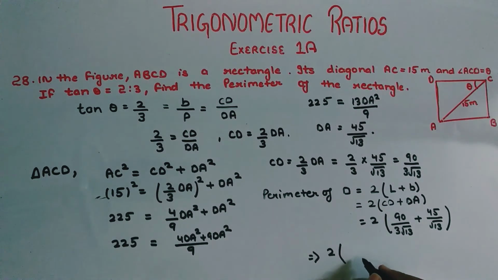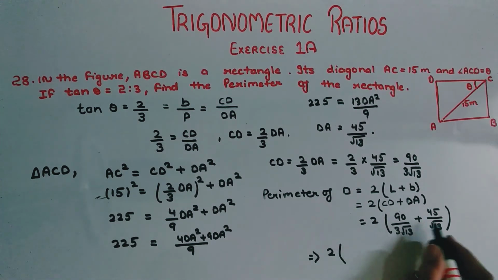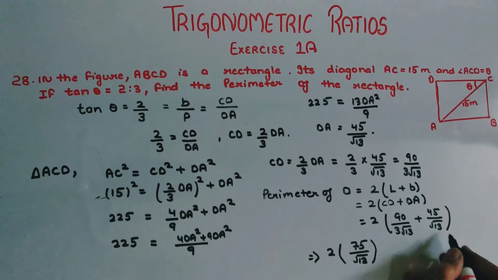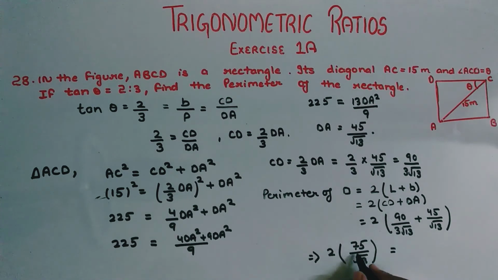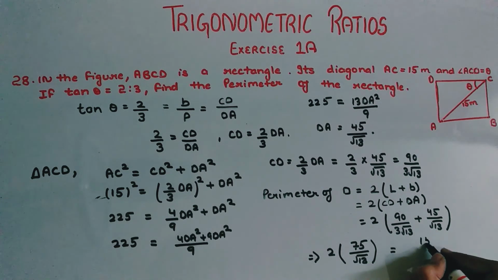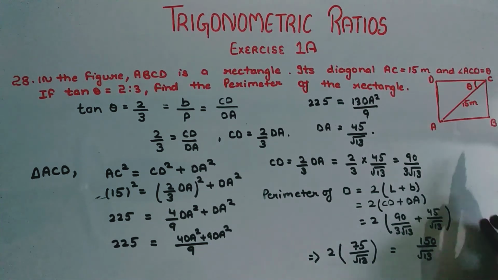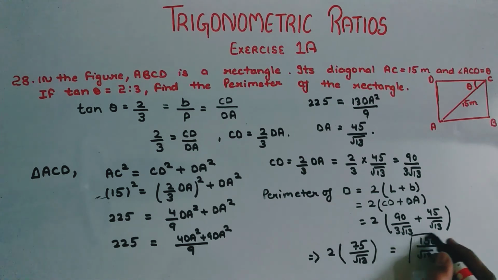This will be root 13, 75 divided by root 13. By solving this bracket we will get, now 75 multiplied by 2, that is 150 divided by under root 13. Hence perimeter of this given ABCD rectangle is 150 divided by 13.